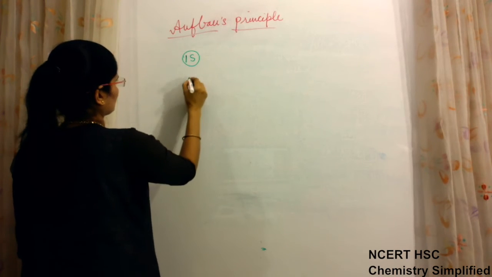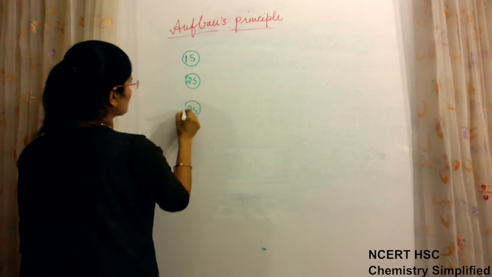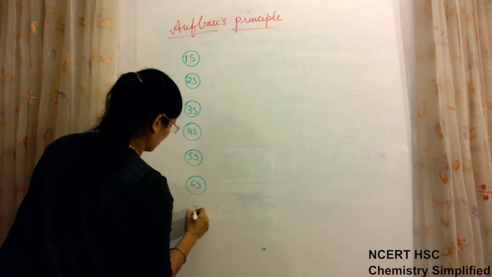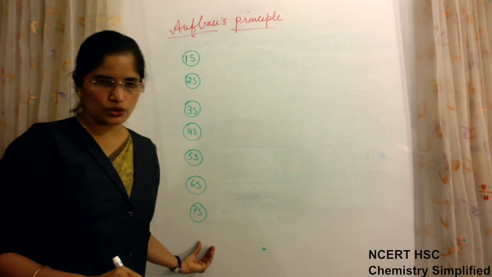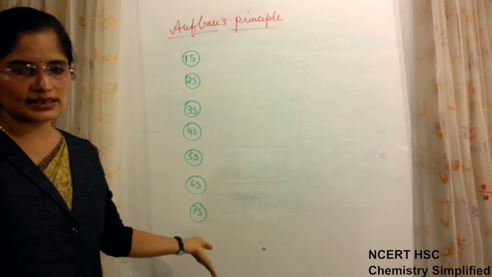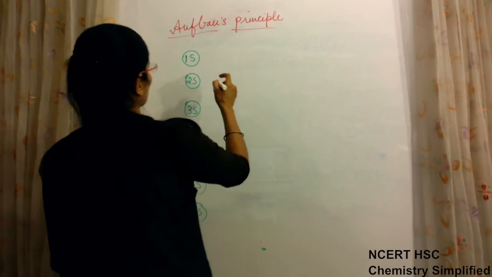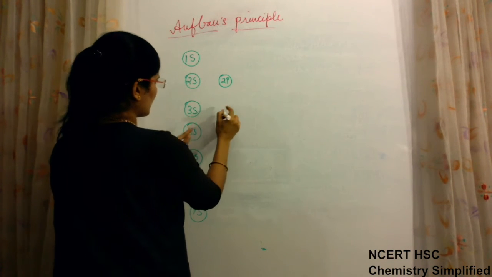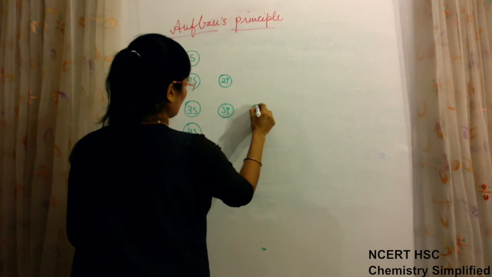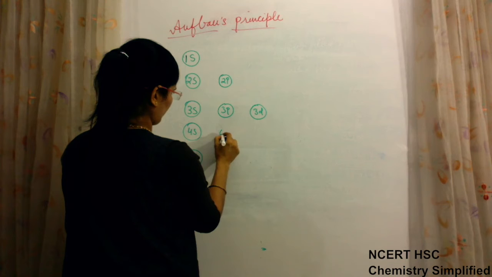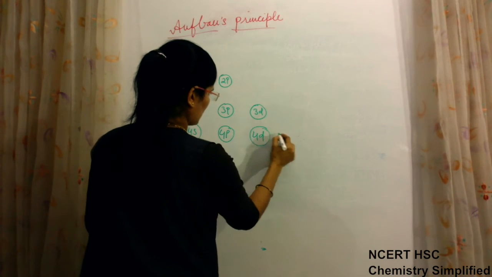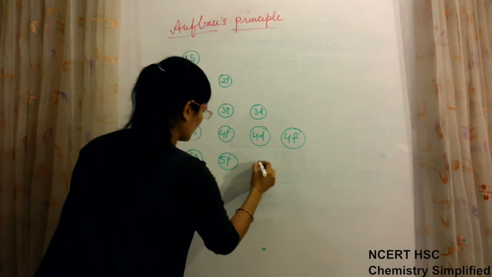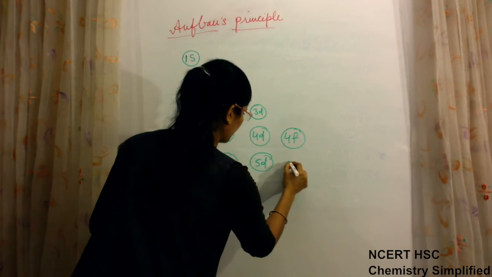Now 1s, 2s, 3s, 4s, 5s, 6s, 7s. I told you that in the periodic table there are 7 periods, so there is no chance of electrons being filled beyond 7. 1s does not have 1p, 2s has 2p, 3s has 3p, 3d, 4s has 4p, 4d and also 4f. 5s has again 5p, 5d and 5f.